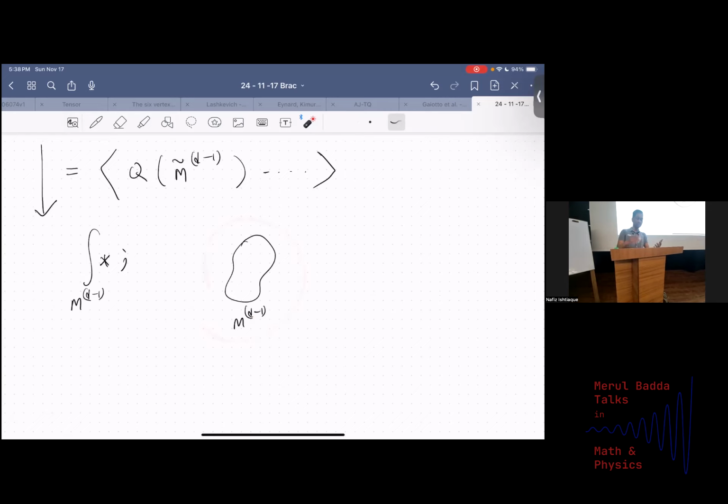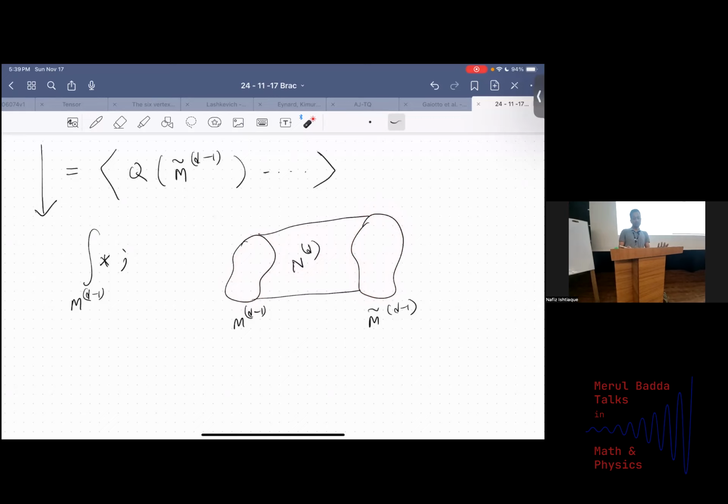This is just a cartoon. So imagine that this picture represents M_{d-1}, and suppose that this is M tilde_{d-1}. When I say that this is a smooth deformation of this, it means that you can smoothly move this around and deform it so that it becomes this. In other words, there is a d-dimensional submanifold connecting this whole thing. Maybe you can call it N_d, such that N_d has two boundaries. One is this M_{d-1}, and the other is M tilde_{d-1}.